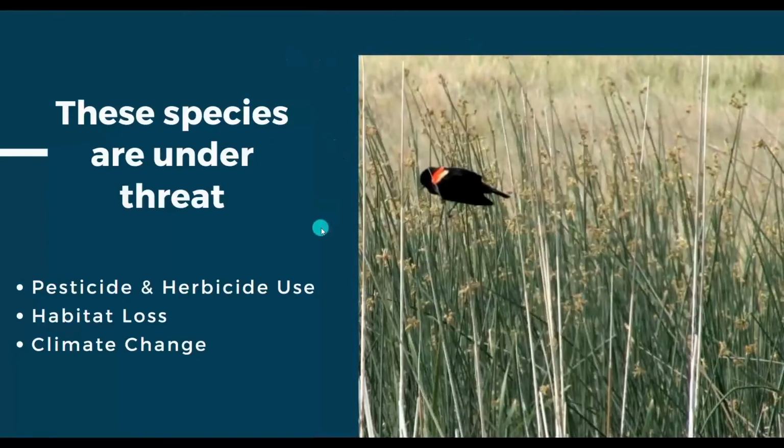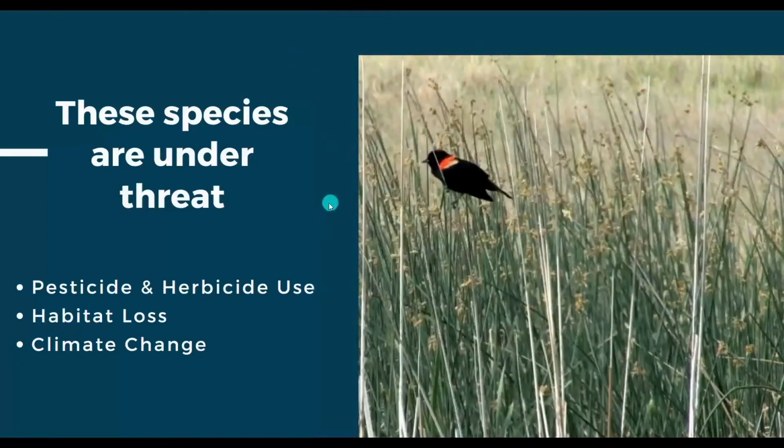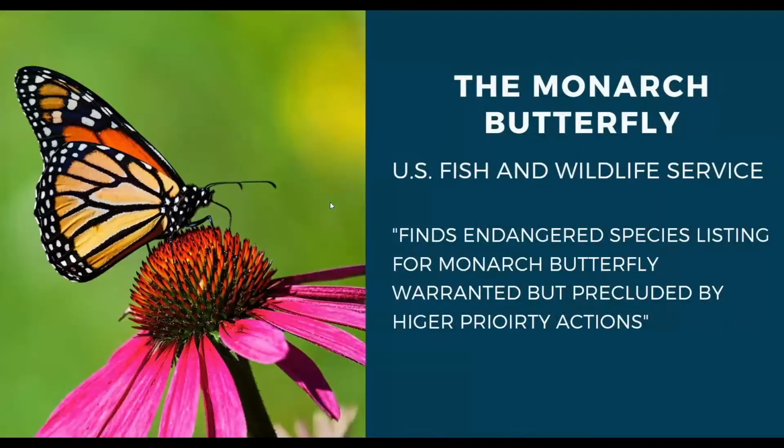My colleague will be talking more about some of these threats, but I will mention that at the end of last year, the Fish and Wildlife Service found that the monarch butterfly warranted listing under the Endangered Species Act, but that listing was precluded due to other high priority actions that need to be taken. There are a lot of species that need attention, but the monarch butterfly does too.